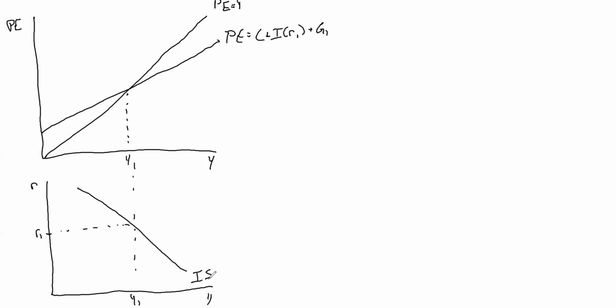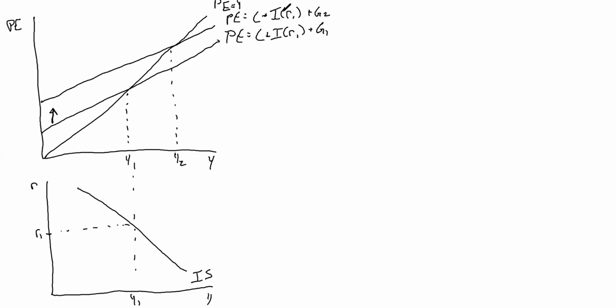Now let's say the government increases spending. The increased spending shifts this entire planned expenditure curve upwards. And so we move to PE equal to C plus I of R1 plus G2. Okay, all we did was increase government spending. And when we increased government spending, it increased our total income for every interest rate.